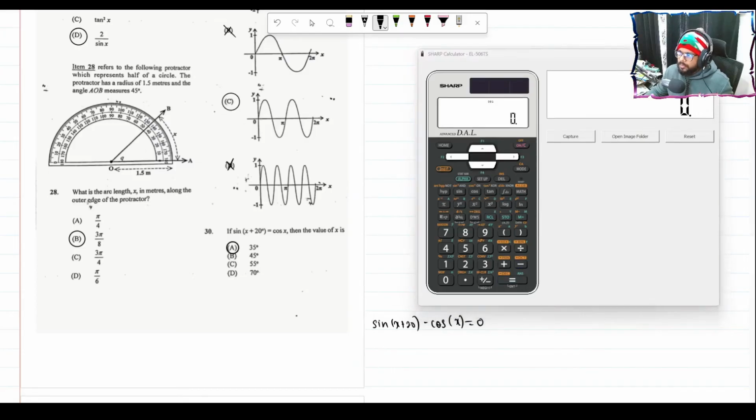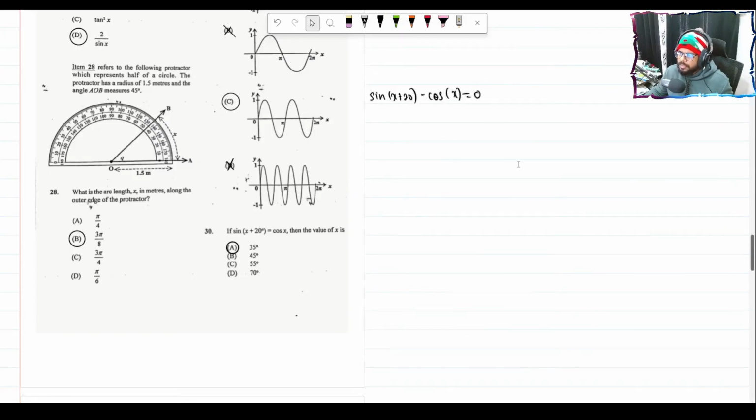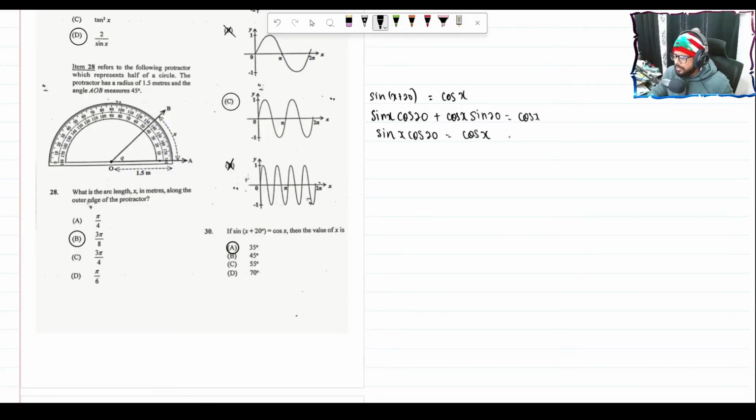Alright, so I know the last one could work, but how am I going to do this using calculations? Using the compound angle formula, this is sine x cos 20 plus cos x sine 20 is equal to cos x. Move it across. I'm going to get sine x cosine 20 is cosine x take away cosine x sine 20.